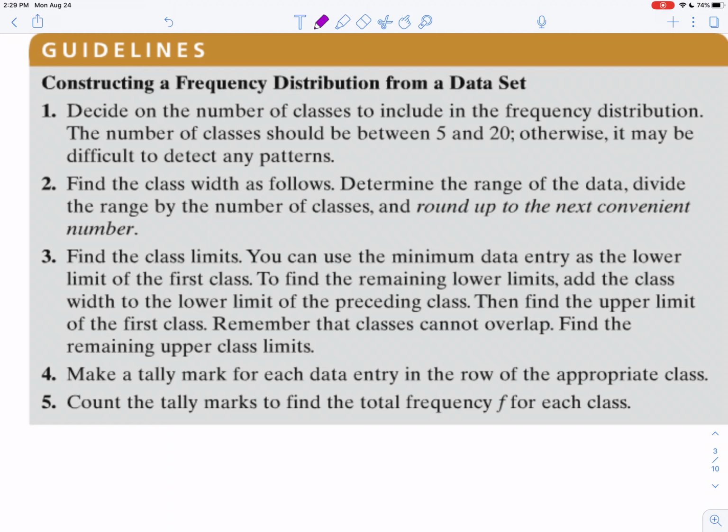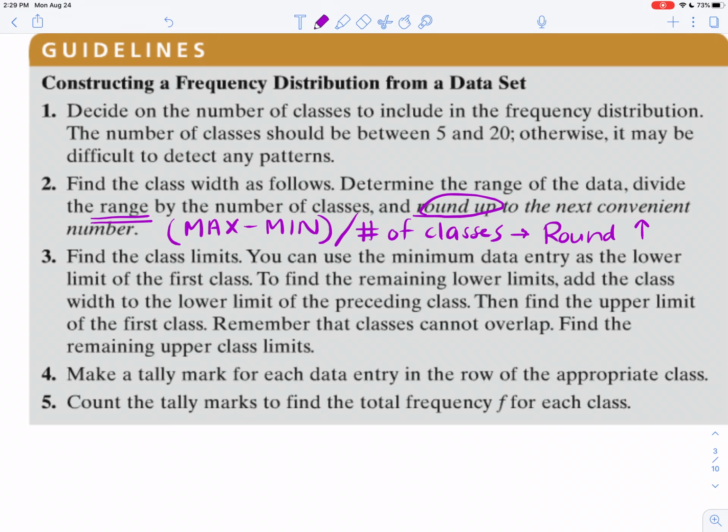We're trying to work from a data set. So when you're working from a data set, you take the range of the data, that's just the maximum data value minus the minimum, and you divide that by the number of classes that you need to have. And then one last thing, really important: you will always round that width up to the next whole number.